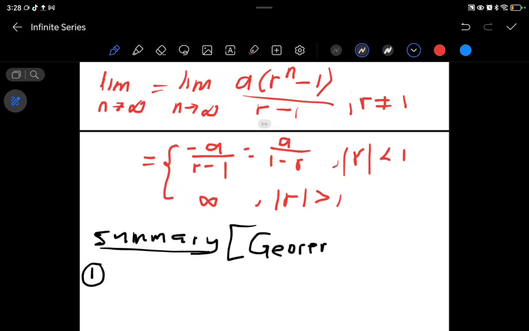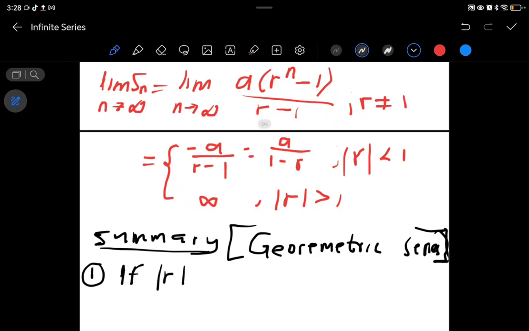Summary for geometric series: let's say we computed this limit of the summation, right? And then after computing this limit of the summation, we find that the absolute value of r is less than 1.